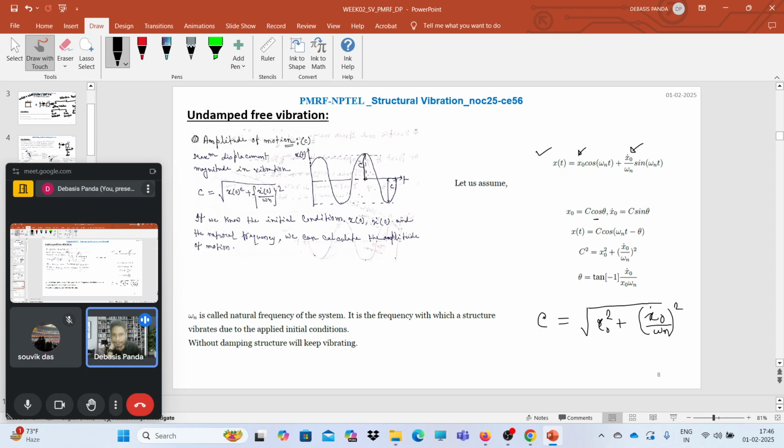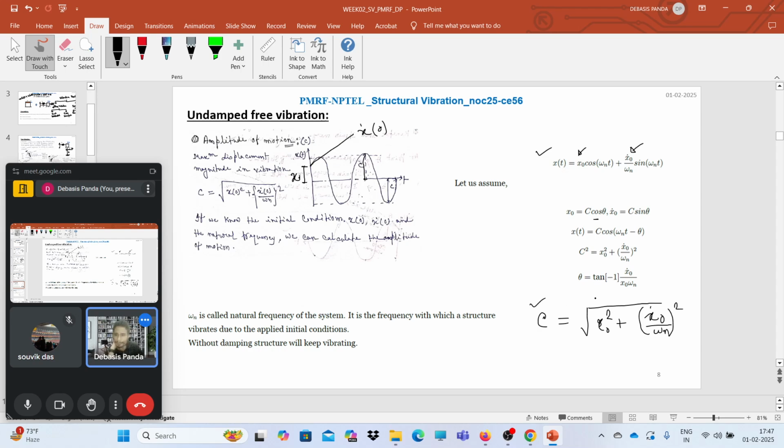Here we have seen that for this case we have provided some initial displacement x naught and also initial velocity x dot naught, and leave the system to vibrate. If damping is not present, it will vibrate with that amplitude c.